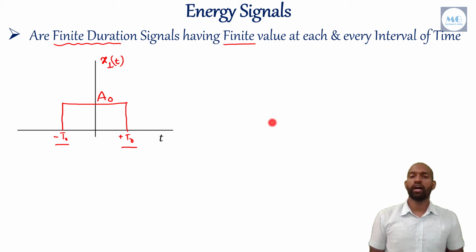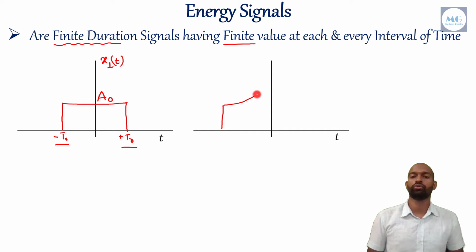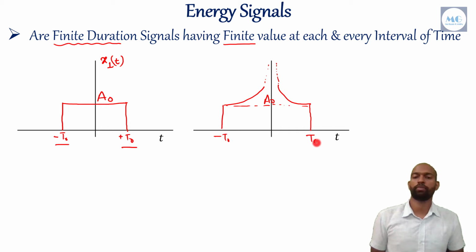Let's see the other signal. Suppose the signal is like this, approaching infinity. Suppose this is minus t naught and this is plus t naught.